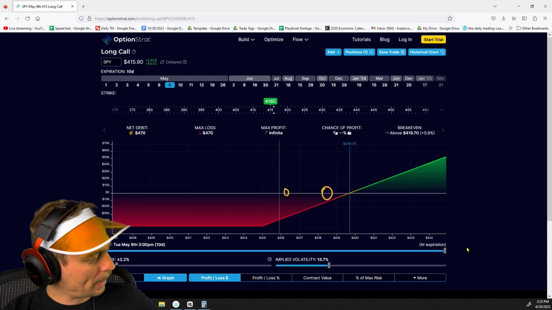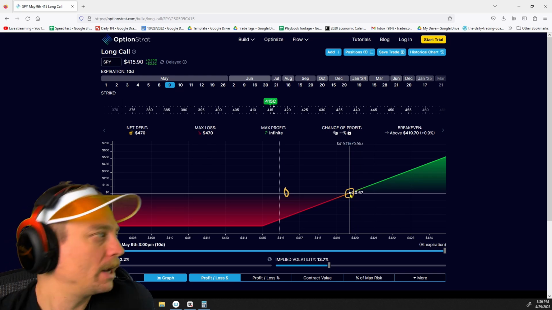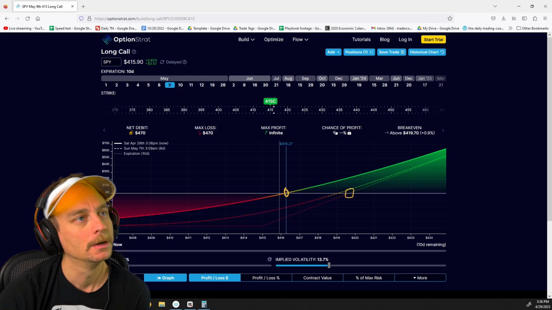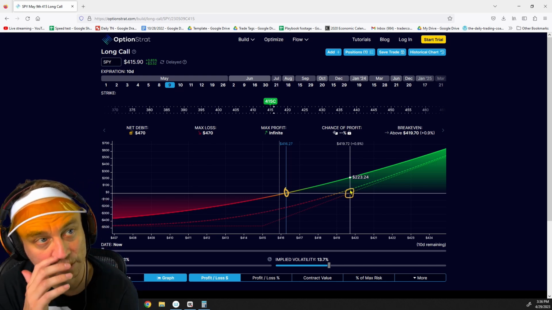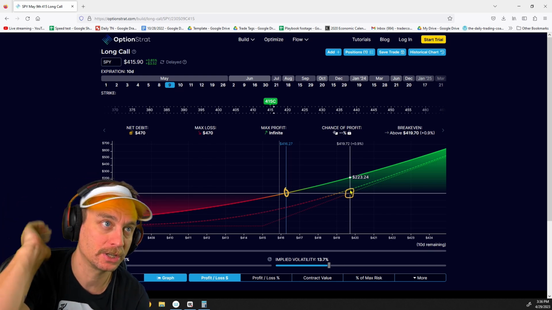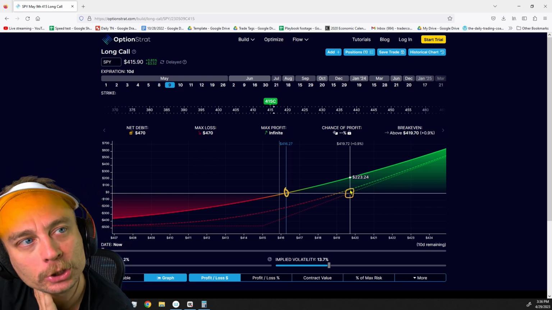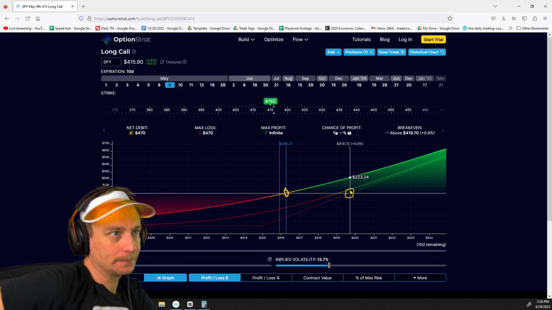So let's talk about this. So here's expiration. Here's our break even, right? Let's go back to the day we bought it. Whoop. Okay, our break even is here. If the market immediately moves up and it goes to this, and the market is actually physically trading at the price of $419.72, we would make $223.24 on our option contract.